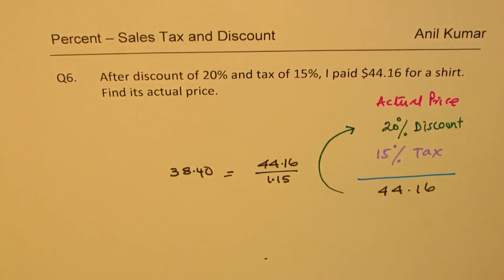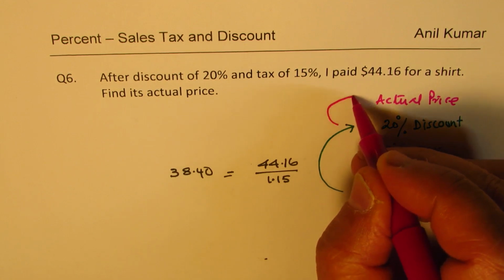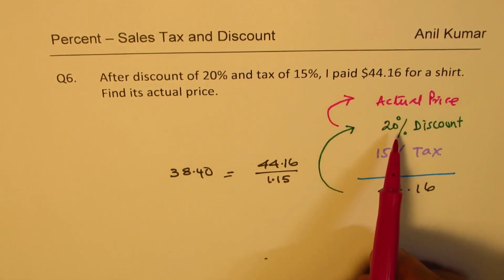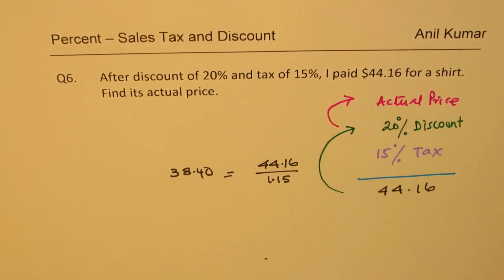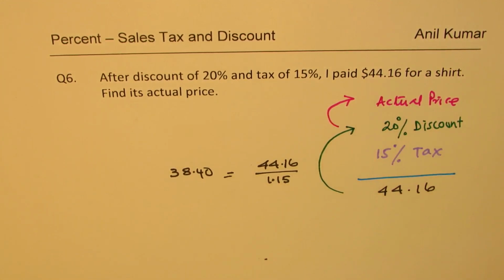Now the idea is that we have to get the original price. So we are going from a discounted price to the higher price. This is 20% off, right? So the actual price was higher. So what should you now do to get that higher price?